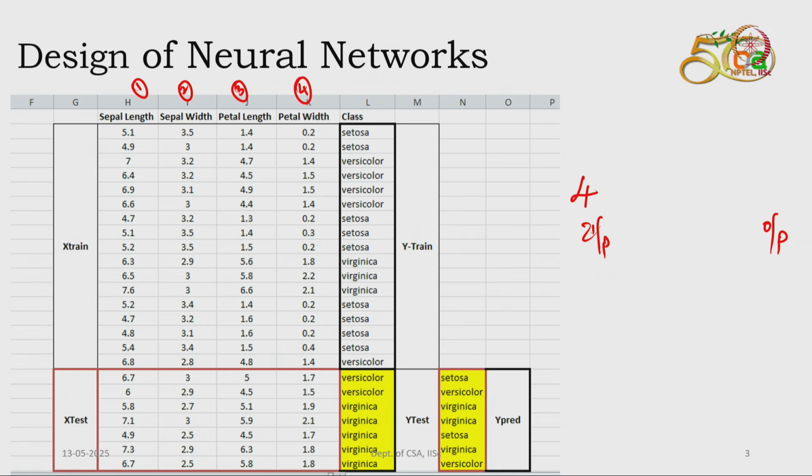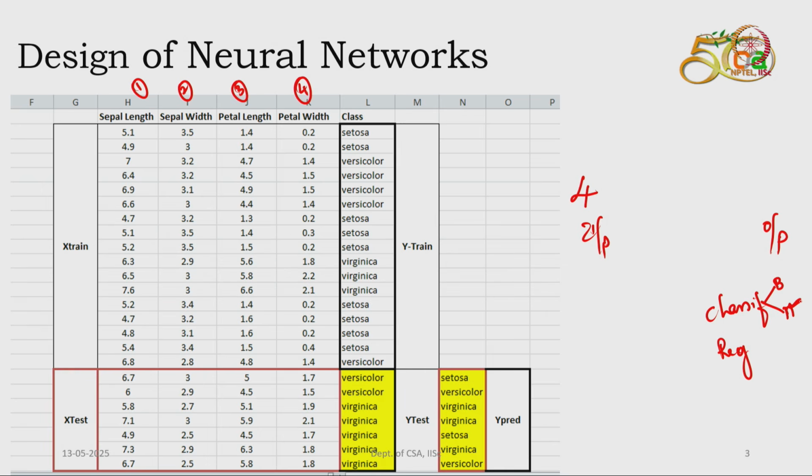Next, at the output layer, before we go into output, there is one more basic that we need to understand: whether we are solving a classification problem or a regression problem. In this particular example, we are solving a classification problem. Again, under classification we have binary classification and multi-class classification. If you look into this example, we are dealing with multi-class classification.